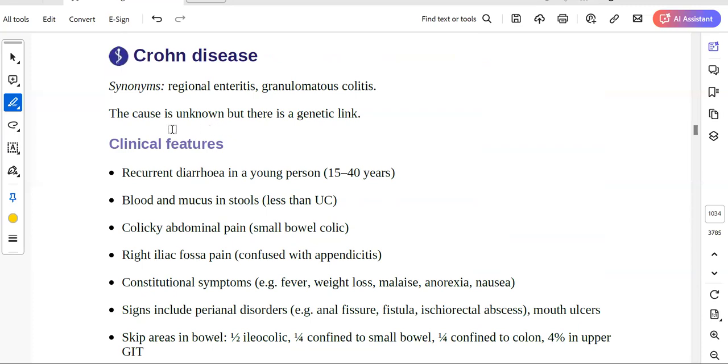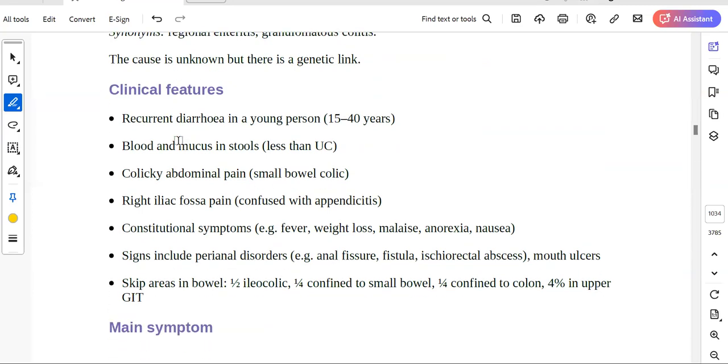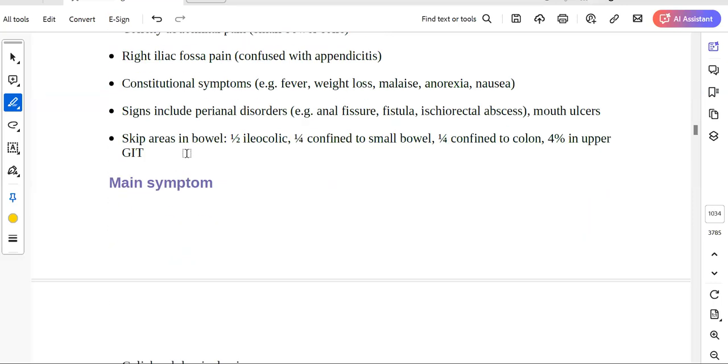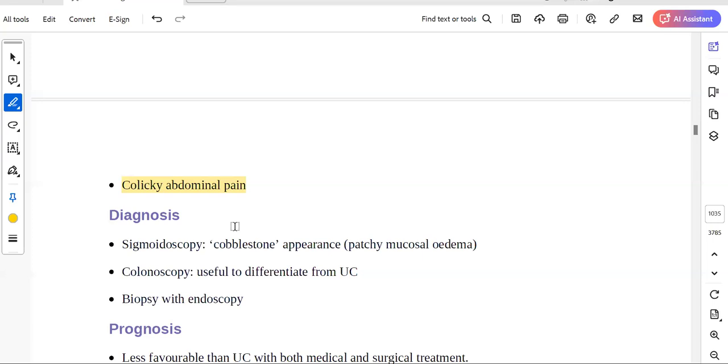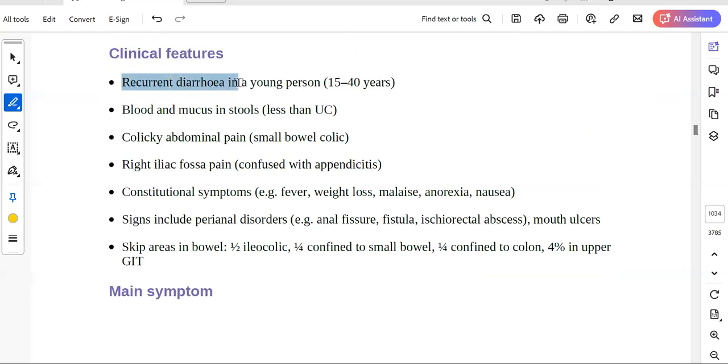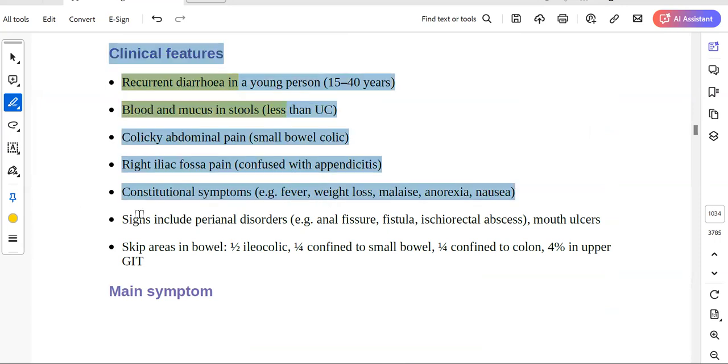Crohn's disease. The main presentation could be colicky abdominal pain. Along with that, they also get bloody diarrhea. But Crohn's disease can affect the whole GIT, from mouth to anus. Constitutional symptoms like fever, weight loss, and malaise are very common here.